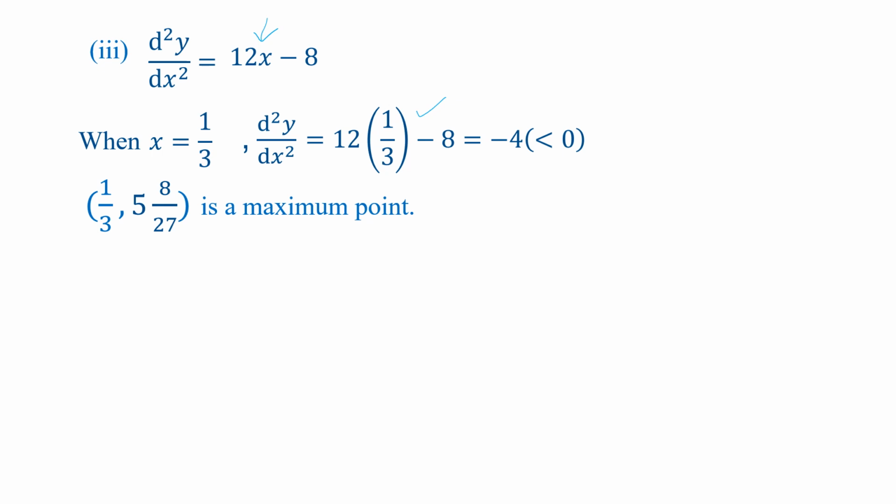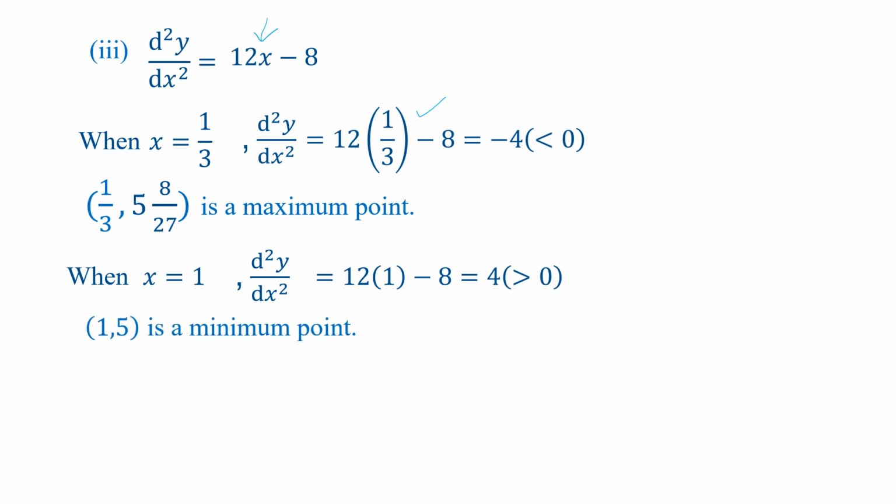When your d squared y over dx squared is a negative value, it is a maximum point. Then you go on to say when x is equal to 1, you find the value for d squared y over dx squared, and you get a positive. So therefore, (1, 5) is a minimum point. So this is how you present your answer. And if you can do it this way, you're going to get full marks.